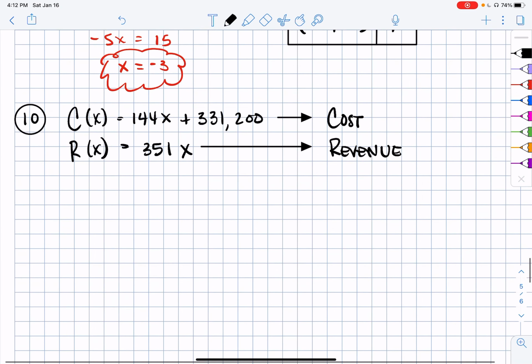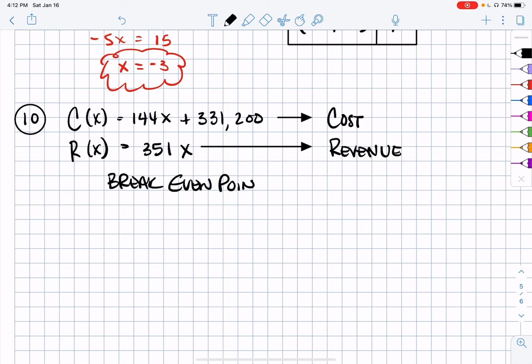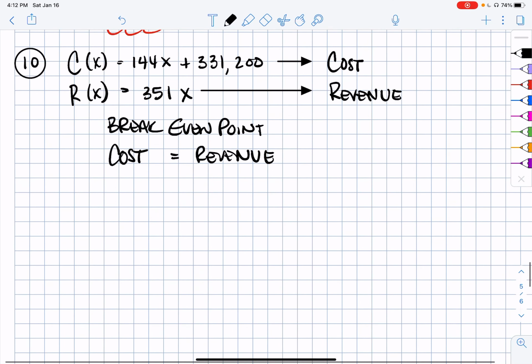Okay. Break-even point is when the cost is equal to the revenue. Well, the cost is represented by C of x, and the revenue is represented by R of x.